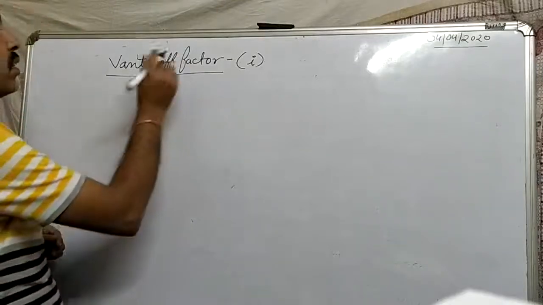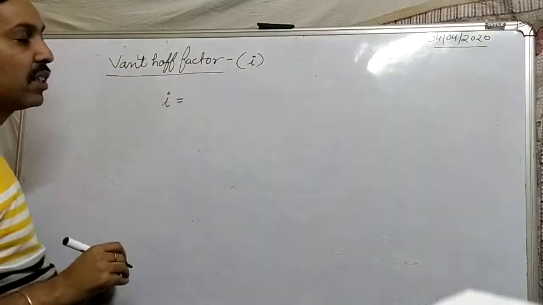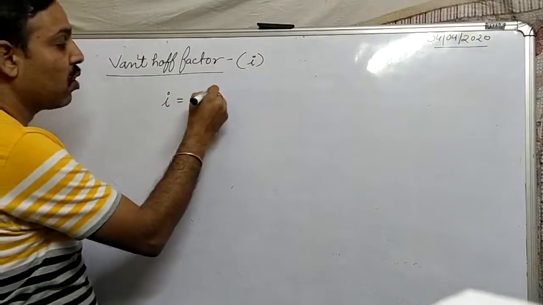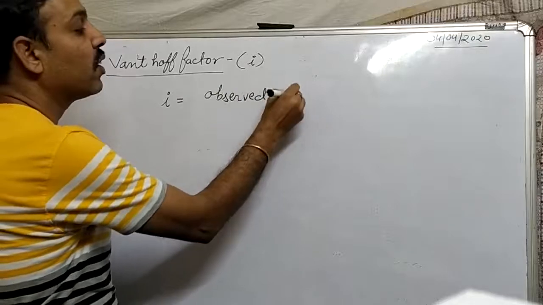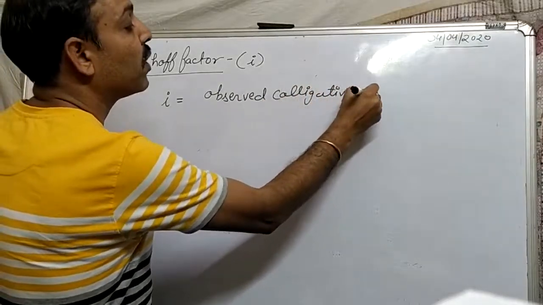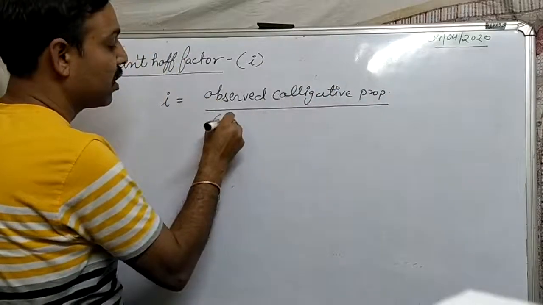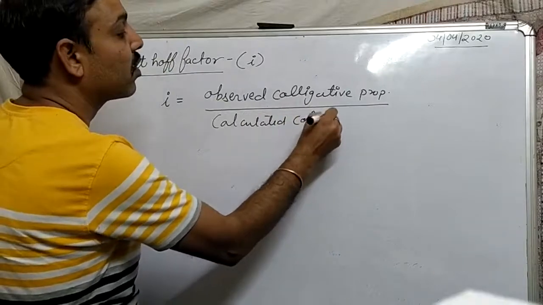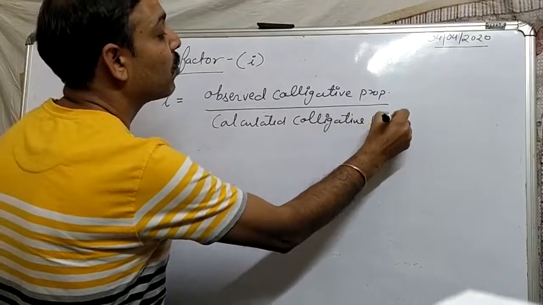Okay. Van Hoff factor I is the ratio of observed colligative property upon calculated colligative property.